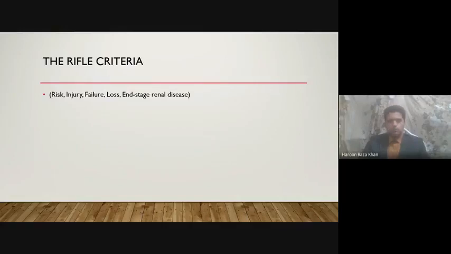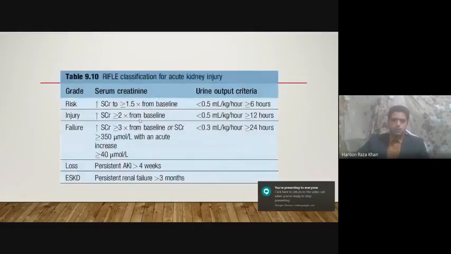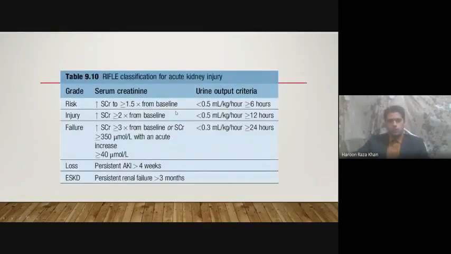You can review it from the book how this is done. For your convenience, I have also added a chart which describes the criteria I just explained to you. Moving onwards.